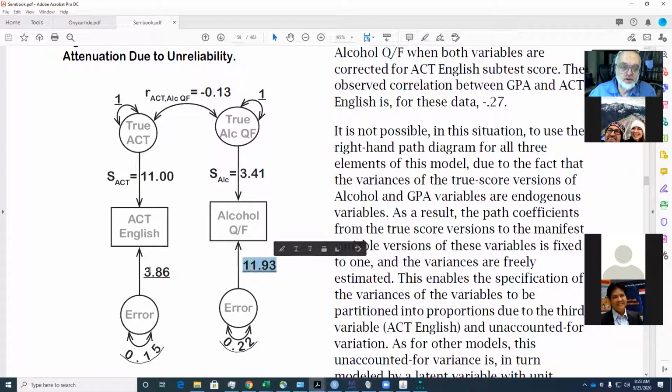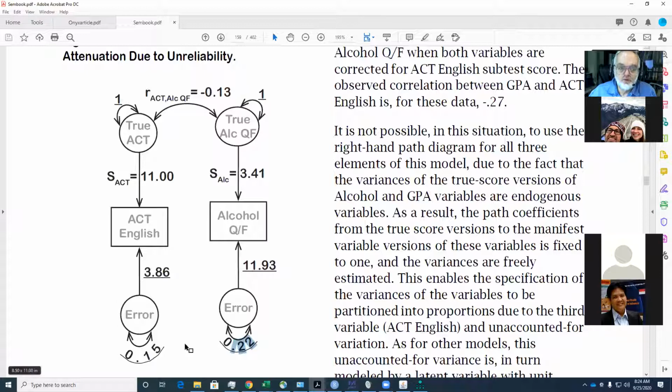In this study, the standard deviation of ACT English is 3.86, and the standard deviation of the alcohol quantity frequency measure is 11.93. And 1 minus the reliability of the ACT English score is 0.15, and 1 minus the reliability of the alcohol variable is 0.22.